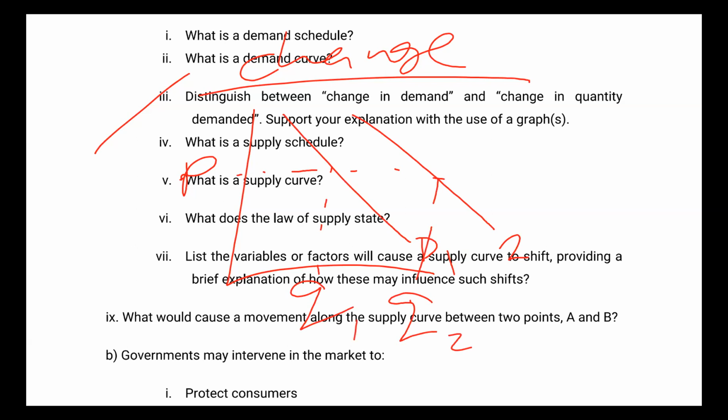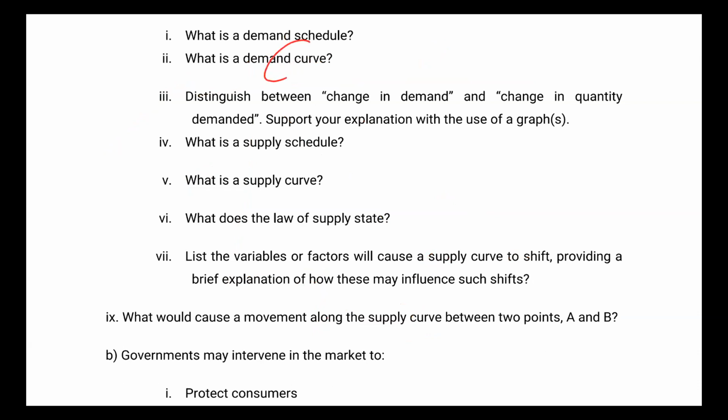So we assume that the quantity demanded has changed because of the change in other factors affecting demand, holding price constant. In other words, keeping price constant, there is a change in demand.